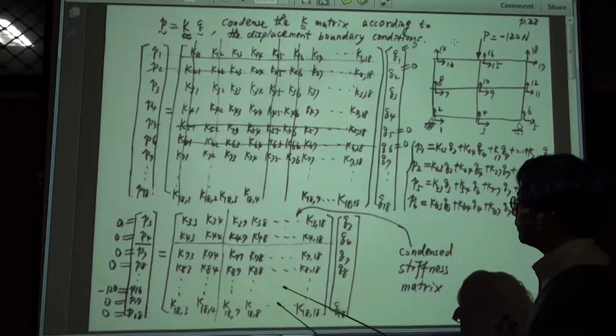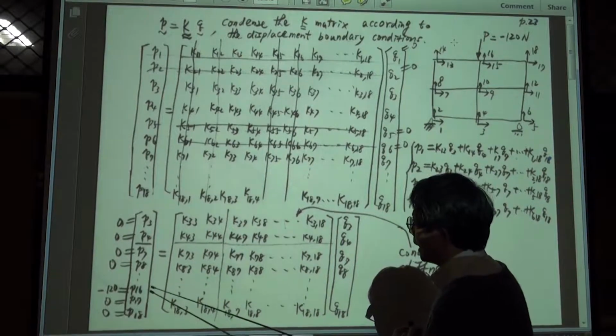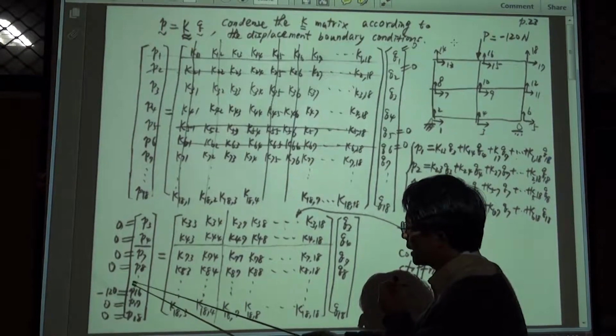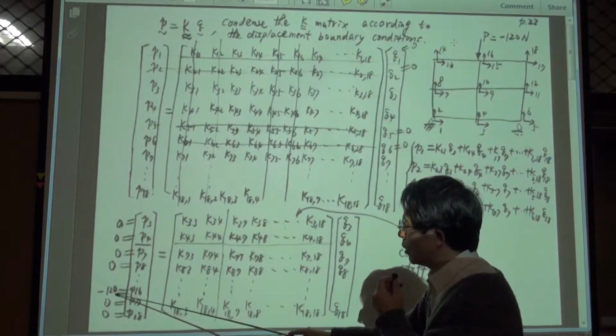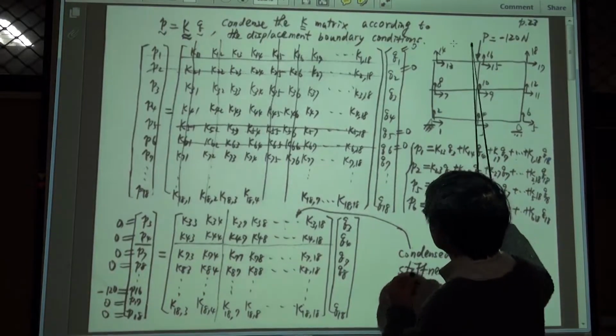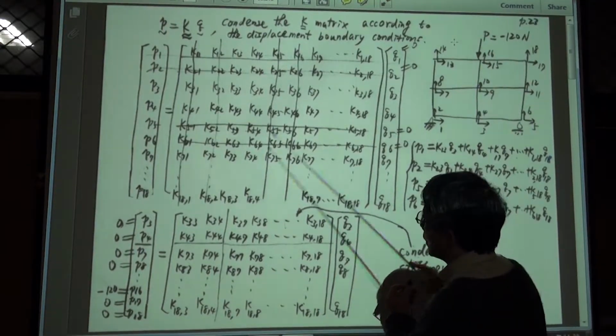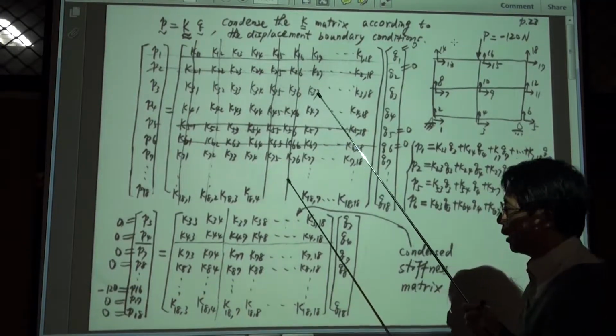How about this vector? These vectors are given. See, P16. Why is P16 equal to minus 120? Because at this degree of freedom, the nodal force is minus 120. The other nodal forces equal 0. Why?